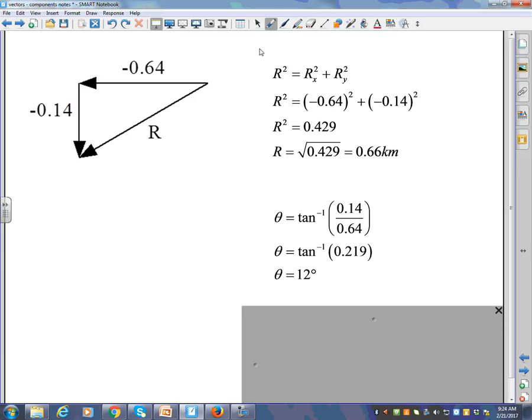So you're going to find this angle here where you start, opposite, adjacent, right? So second function tan, 0.14. Do I need the negatives in there? The negatives are just there for direction. Now you've just got a regular triangle. You should get 12 degrees.